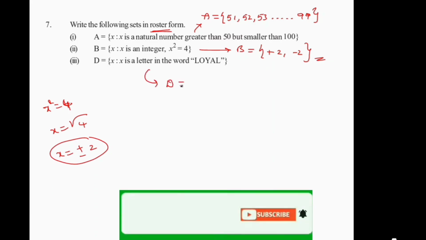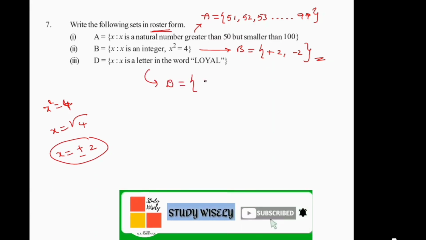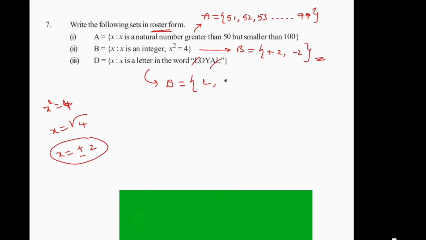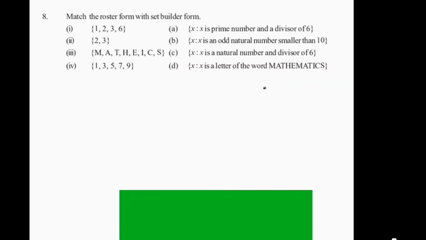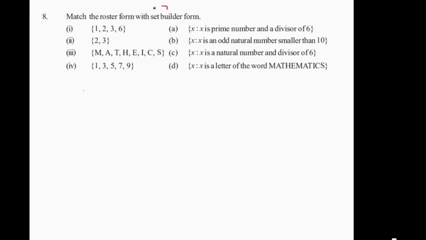The value of D, if you are having only the letters, L is repeated, O, Y, and A. So this includes this bit. Let's look at the next bit. You need to convert roster form to set builder form. So this is your roster.